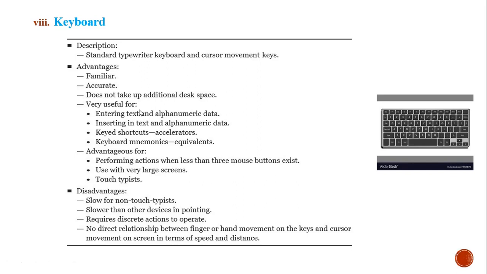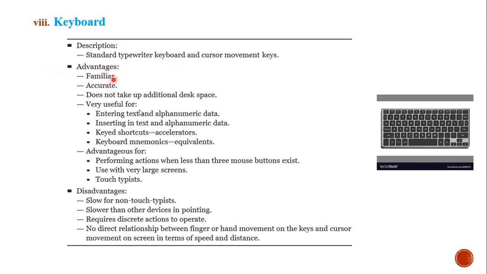About the keyboard. Now you have different kinds of keyboards nowadays. The description is a standard typewriter keyboard and the cursor movement keys. You will observe a keyboard may consist of cursor movement keys as well, and it is similar to a typewriter keyboard.